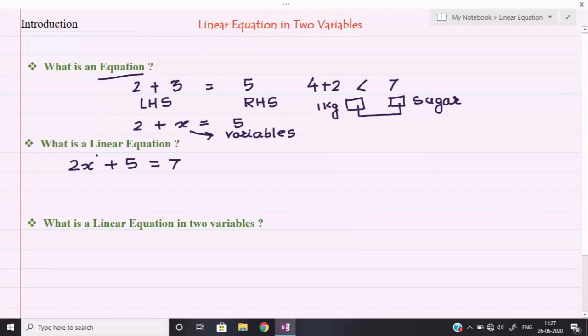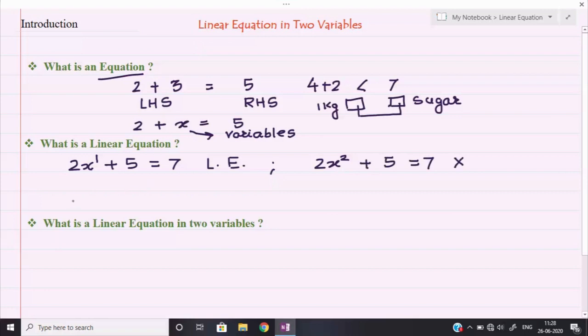I can say that the power of x is 1, so we can say that this is a linear equation. Okay, but suppose I write down one equation, 2x square plus 5 is equal to 7. Now you observe here the power of the variable is 2, and this is not a linear equation.